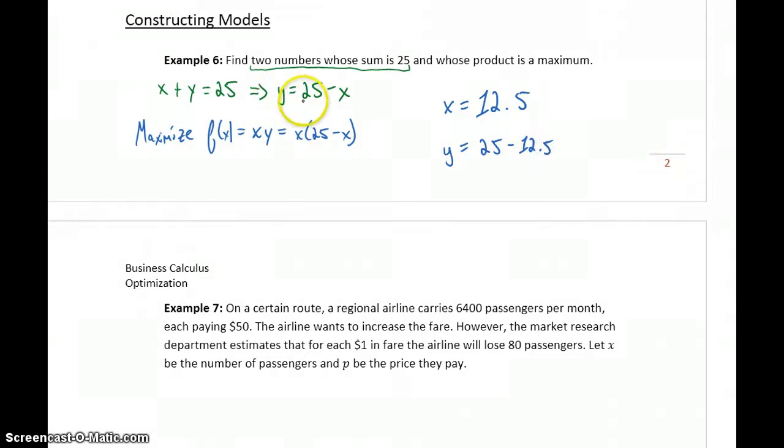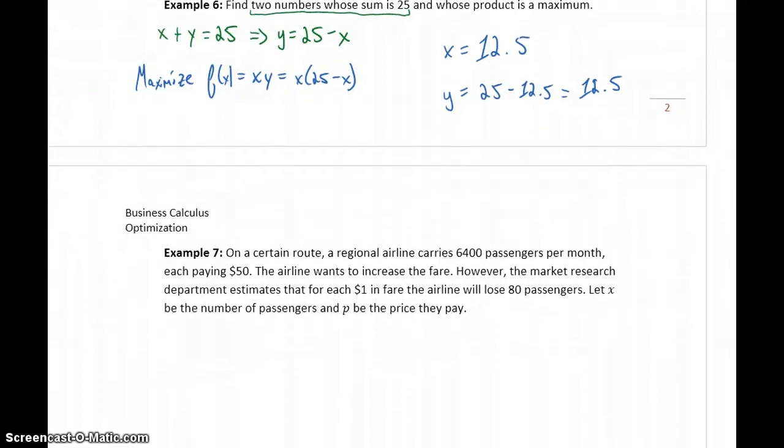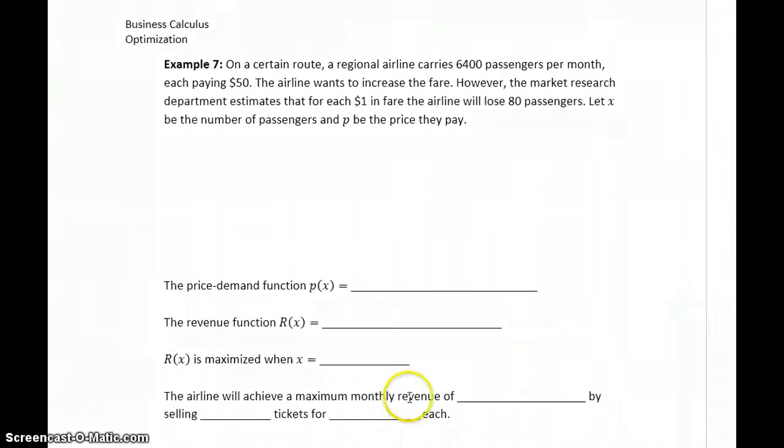So we're coming back to this expression for y. In this case is also exactly 12.5. So we had to construct the equations that we needed to actually maximize. But once we have that function to maximize, the process is similar from there, using Wolfram Alpha to maximize, and then if the question were to ask for any interpretation, providing an interpretation.